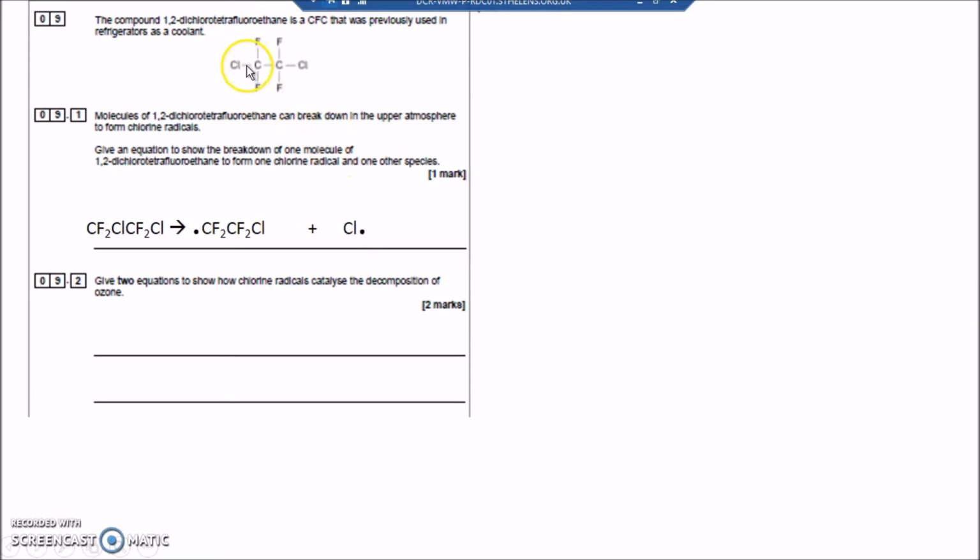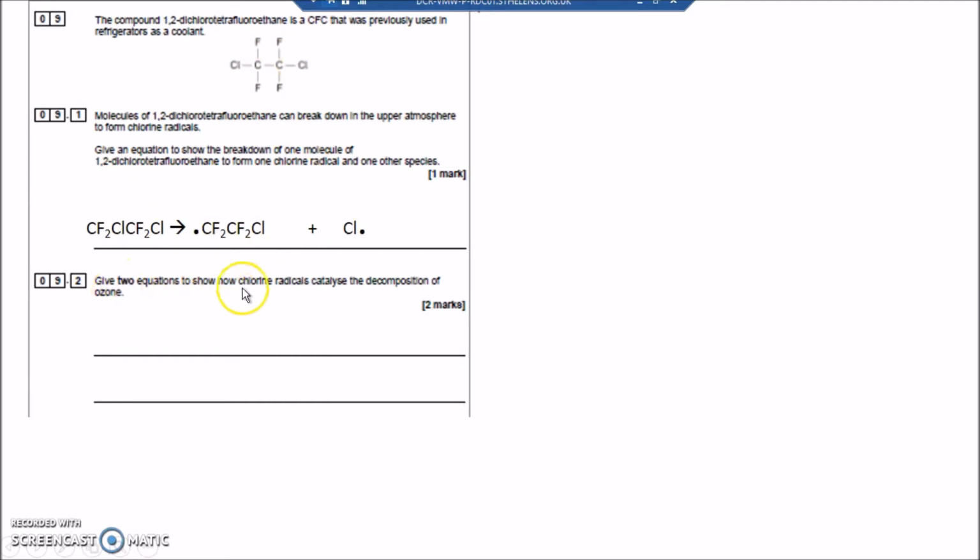So this bond here is broken, and one of the electrons has gone back onto the C, an unbonded electron here on this C, and an unbonded electron here on this Cl. I could have broken the other one, so I could have had CF2Cl CF2 with a dot on this carbon here, and a Cl, but I just chose to break this left-hand bond.